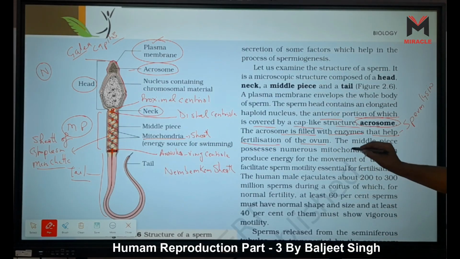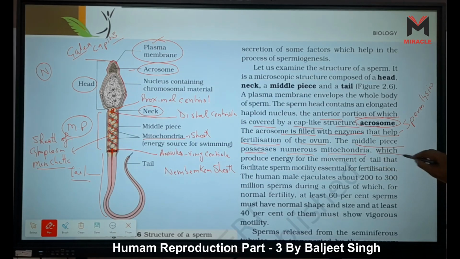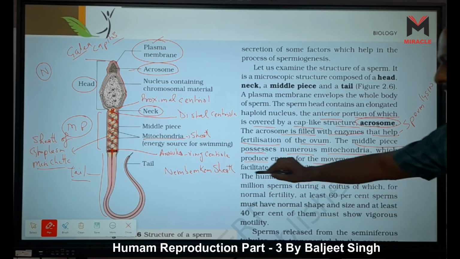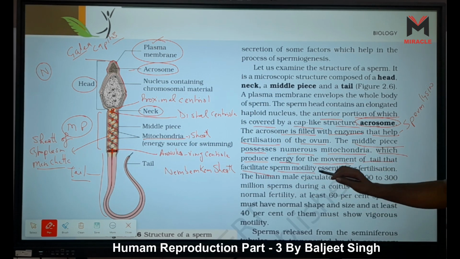Okay. The middle piece possesses numerous mitochondria which produce energy for the movement of the tail that facilitates sperm motility, which is essential for fertilization.